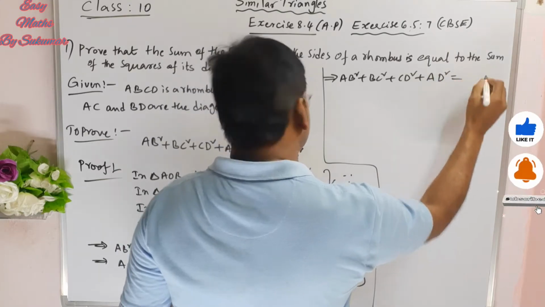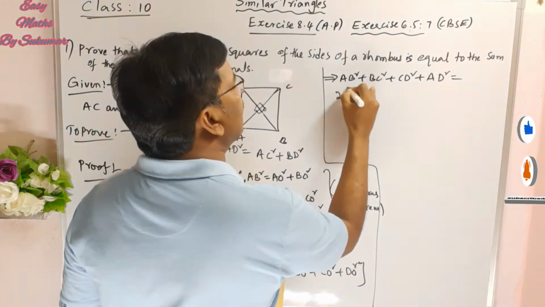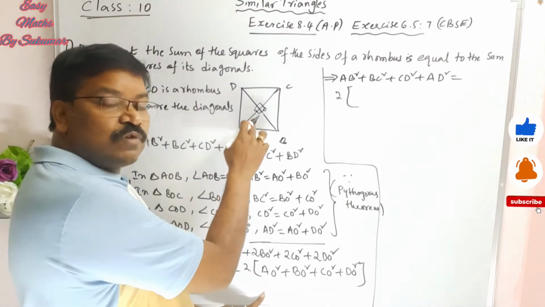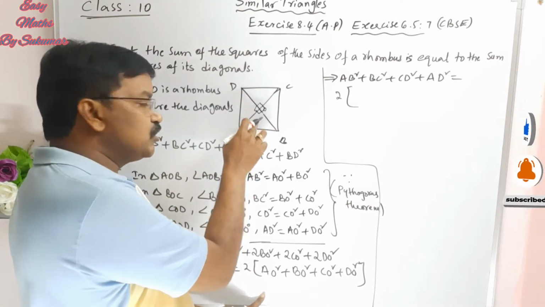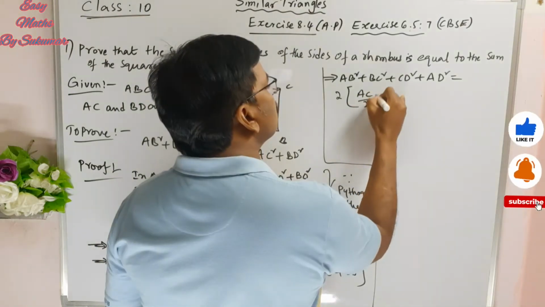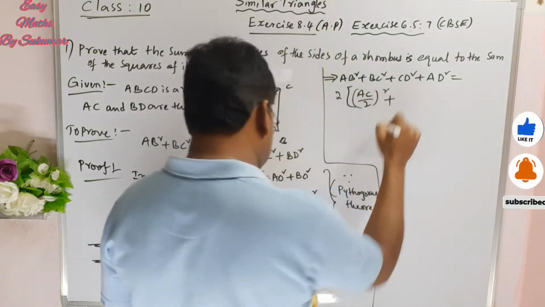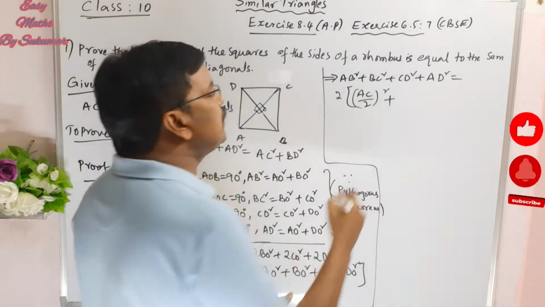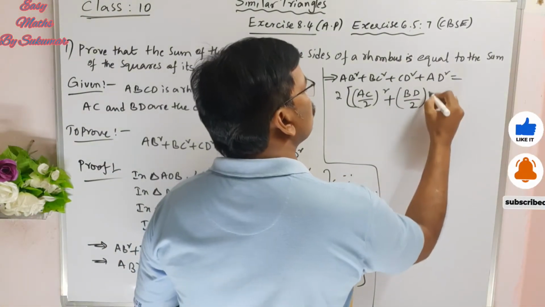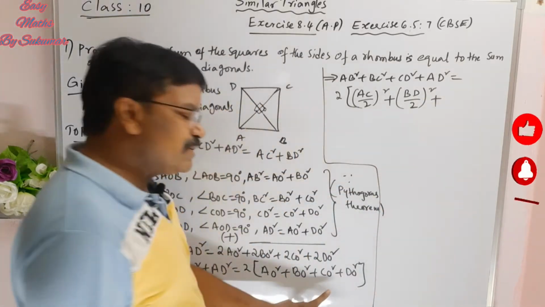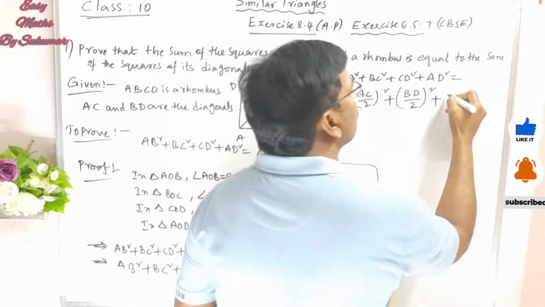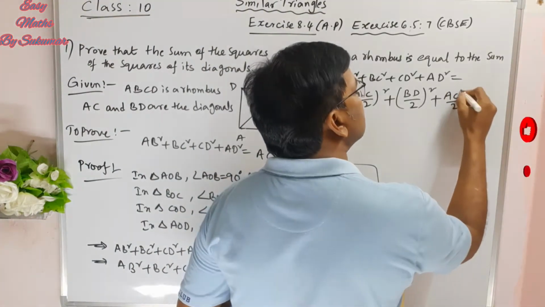This is equal to, my dear students, 2 times 2 of AO square. What should we write here instead of this AO? AC. So this is AC by 2 whole square plus BO means BD by 2 whole square. This is BD by 2 whole square. Similarly, CO is also AC by 2, half of AC.